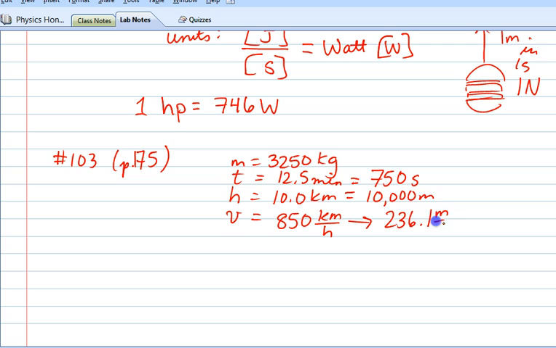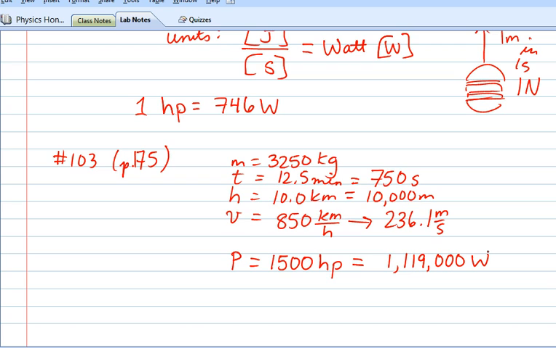If you're unsure about how to do this, take a look at chapter 1, and there's also a conversion chart on the inside cover. And the plane is exerting 1,500 horsepower. If each horsepower is 746 watts, that comes out to roughly 1.1 million watts of power. That's quite a lot of power.